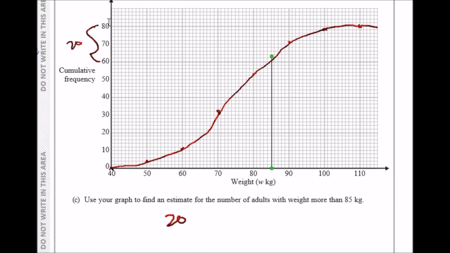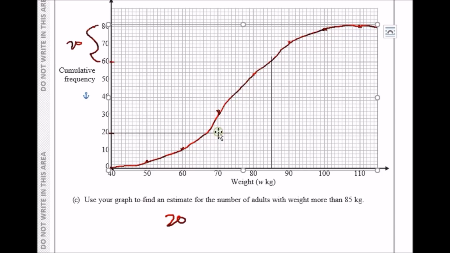A quarter of 80 is 20, and 3/4 of 80 is 60. So this is the range. Now we just draw a straight line across. Let me try and get this straight. Okay, so start from here, straight line across, and you can see it cuts off around here.